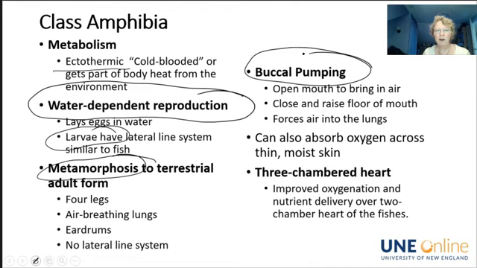With a 3-chambered heart, we get blood coming from the lungs, blood coming back from the body, and then we're pumping that oxygenated blood back out to the body, which does improve oxygenation and nutrient delivery over the 2-chambered heart of the fishes, with blood coming in from the lungs and body and blood going out.